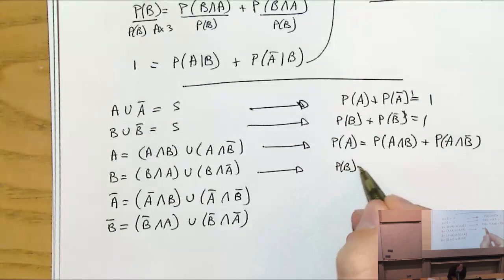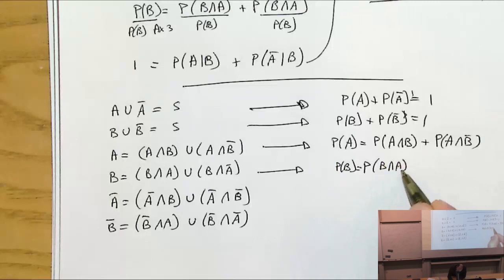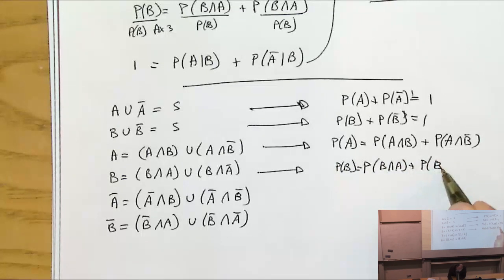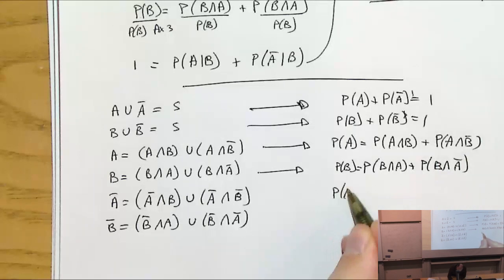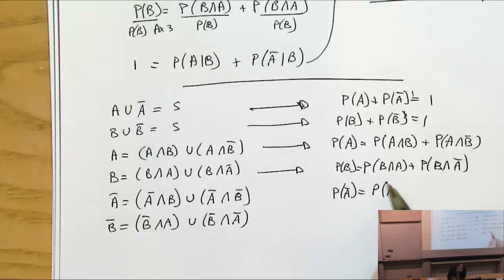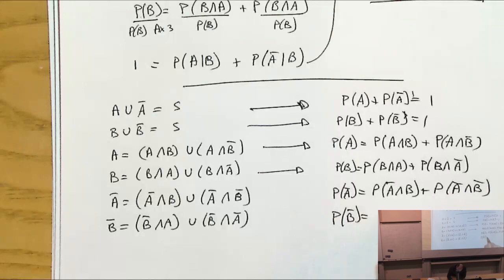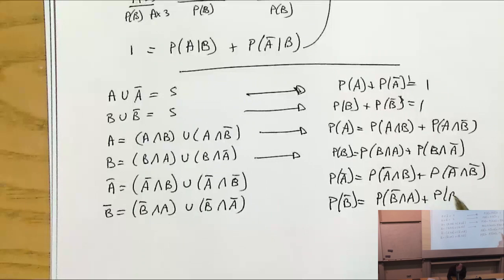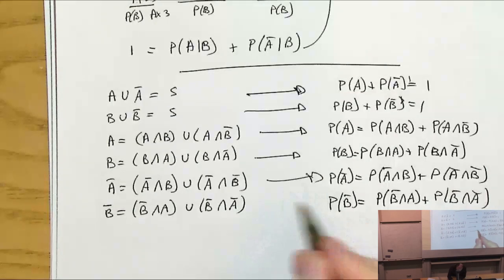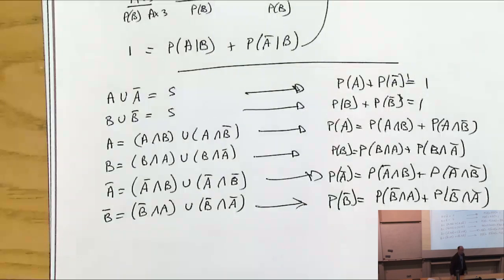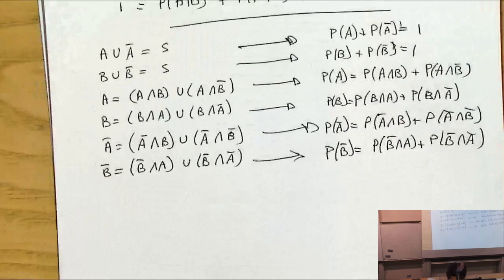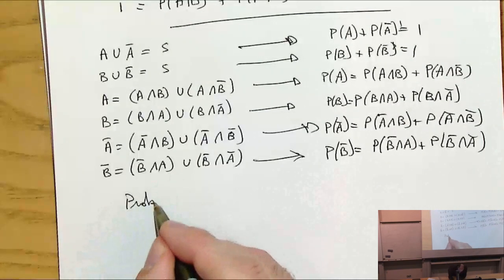P of B is P of B intersection A plus P of B intersection not A. P of not A is P of not A intersection B plus P of not A intersection not B. And P of not B is the probability of not B intersection A plus the probability of not B intersection not A. Okay, so essentially this is what we did. How can we represent this in a simpler manner? By looking at probability tables.